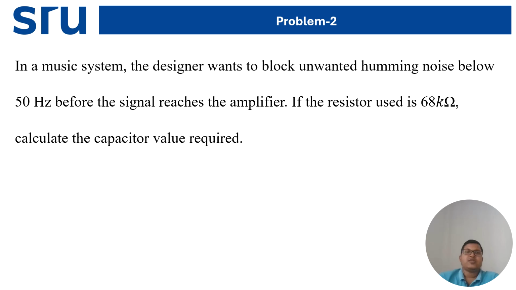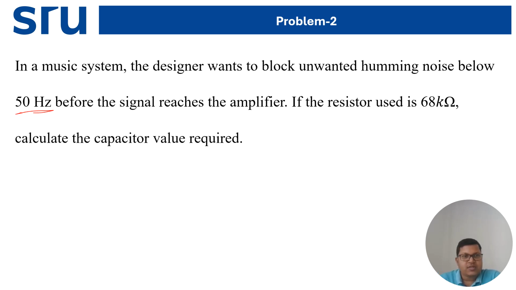Here, the designer wants to block the unwanted humming noise below 50 Hz. What is humming noise? We will not spend time on that, but it is the noise which is below 50 Hz. This is the important thing.